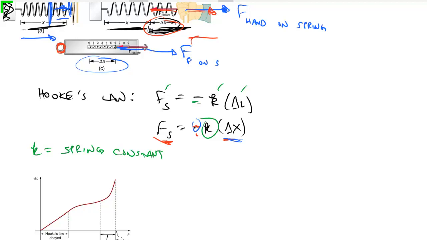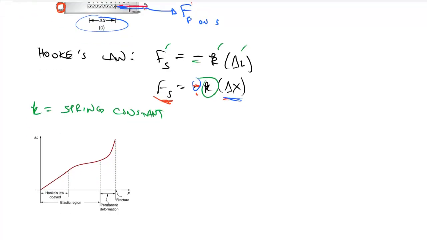And it depends on the spring itself, right? So it depends on the material the spring is made out of. If I make a spring out of steel, it's going to have a much higher spring constant than if I make it out of gold, right? Gold is very malleable. It also depends on how tightly coiled the spring is, and the thickness of the coils, etc. So we need to be given k, or maybe we're given the displacement and the force, and we can find k.